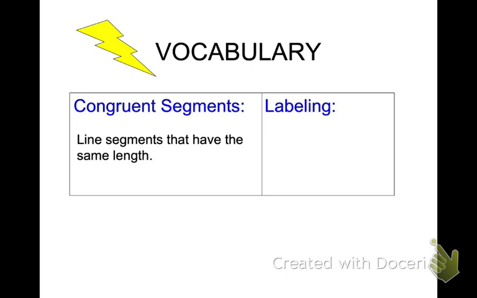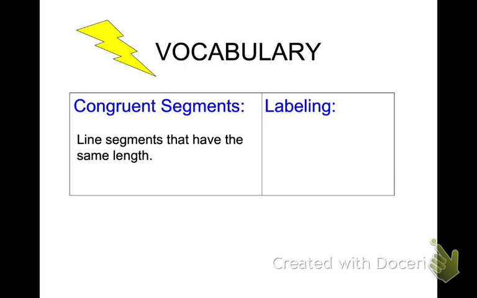If we said equal segments, then they would be exactly on the same location on the board. Congruent segments can be in different positions, but they will have the same length.